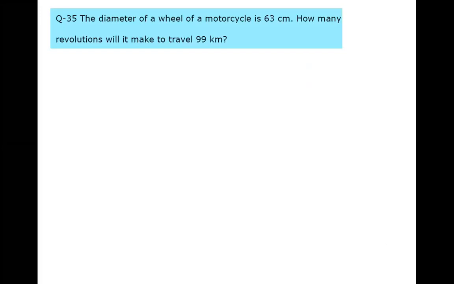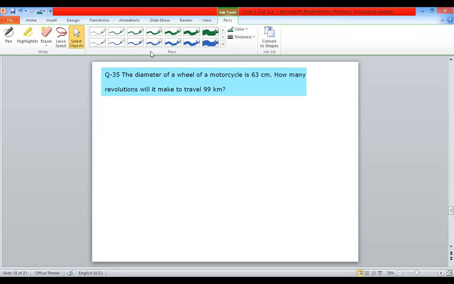We just changed the question. I'm finding here 99 meter, and you can find the 99 kilometer.